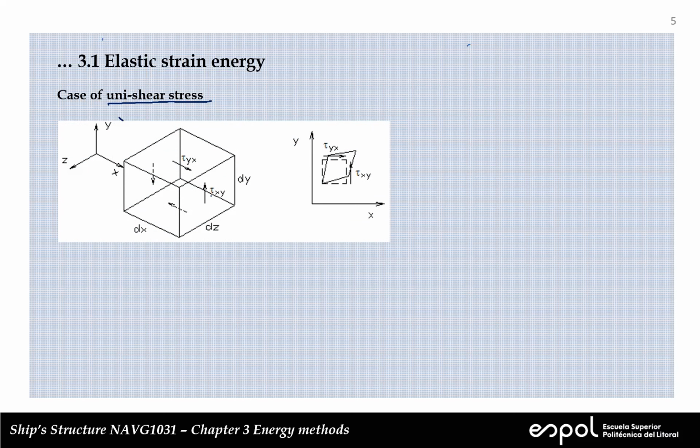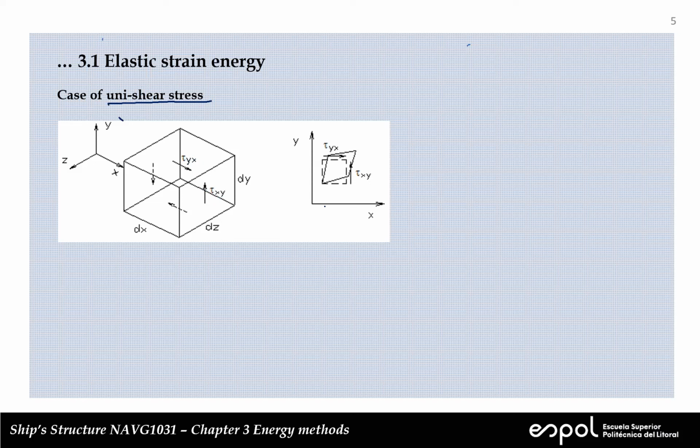On this face, the positive X face, the tau subindexes are X, Y. And up here is going to be the same, but the indexes change.